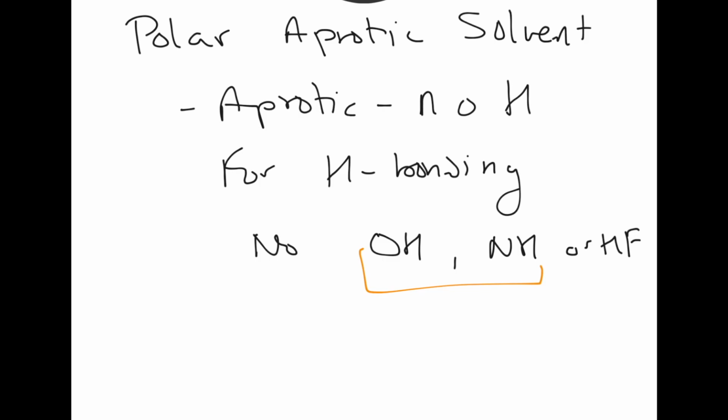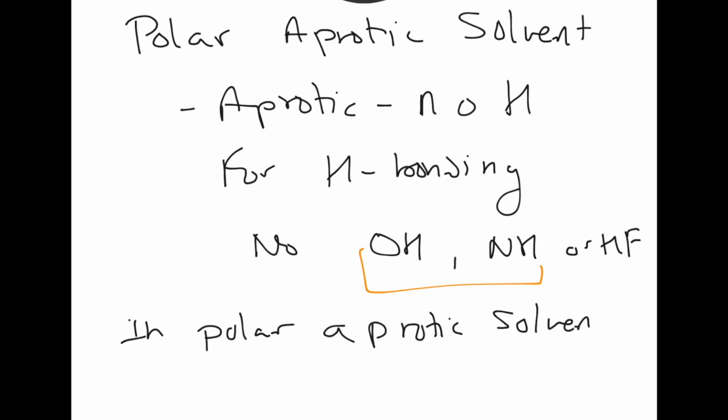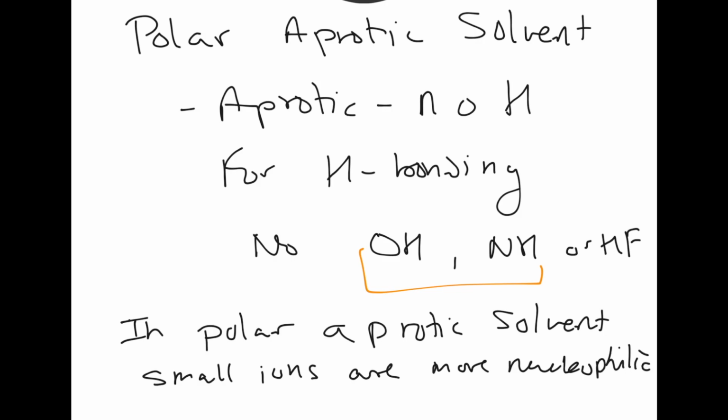In a polar aprotic solvent, small ions are more nucleophilic. So this means, the easiest thing to do for these is to just go down the halides, right?